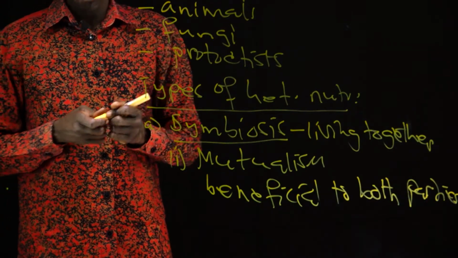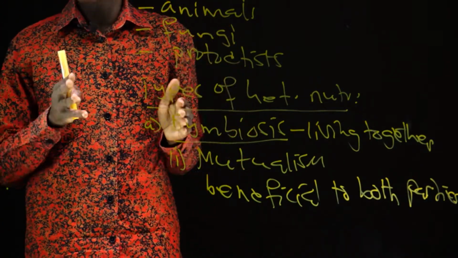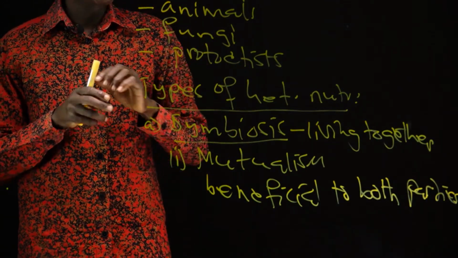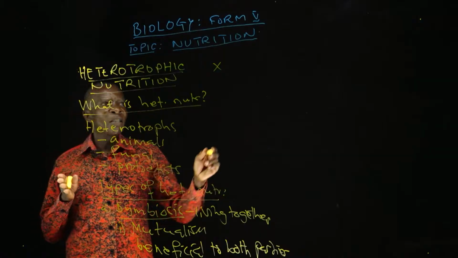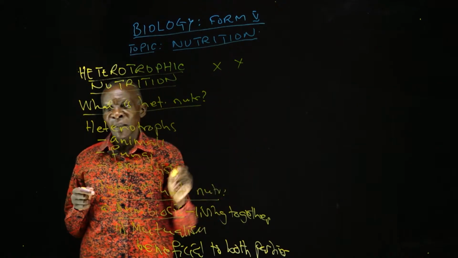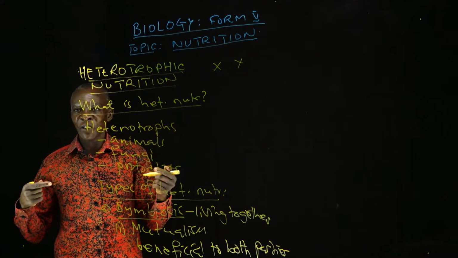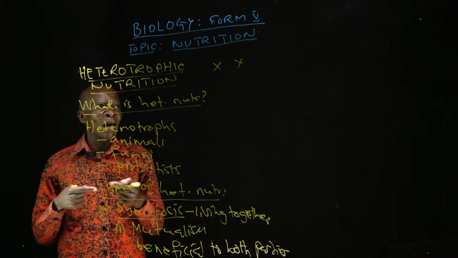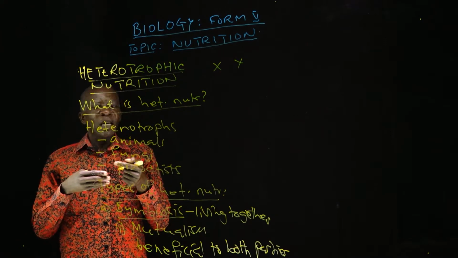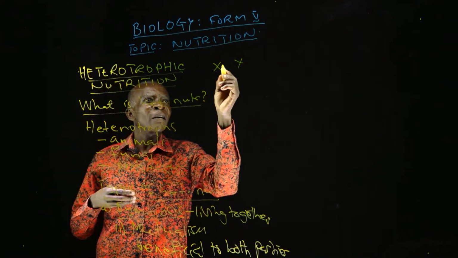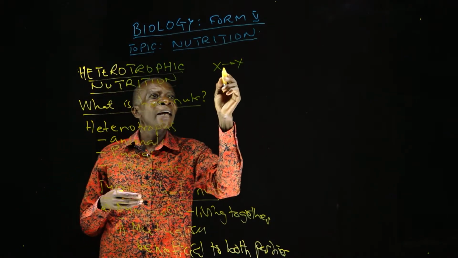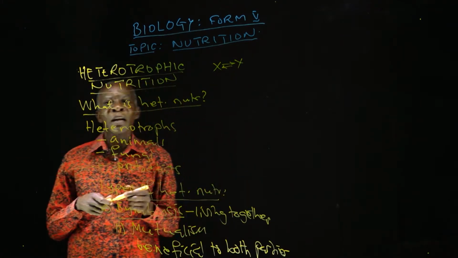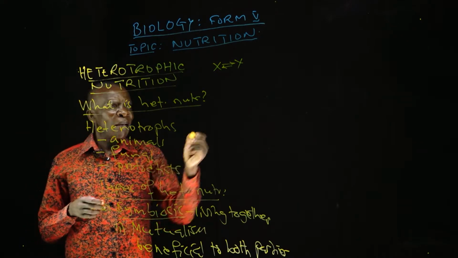A form of nutritional partnership. We have one part, call it X, another organismal part, call it Y. And the benefits are a two-way traffic. Y is benefiting from X, and X is equally benefiting from Y.